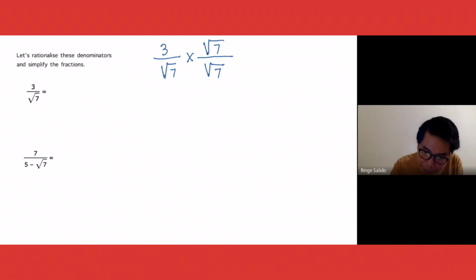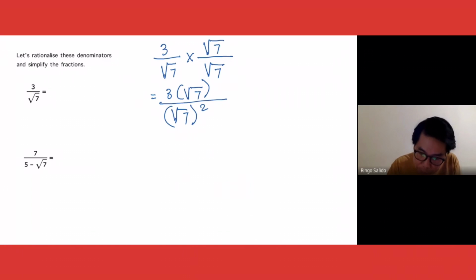So what we have is 3 times root of 7 over root of 7 squared, which is equal to 3 times root of 7 over 7.